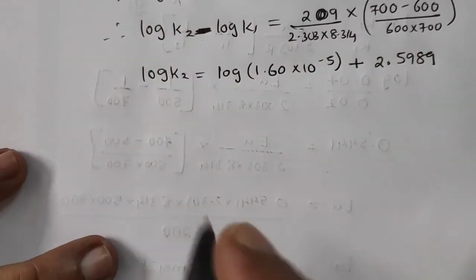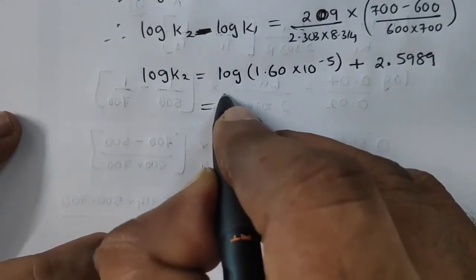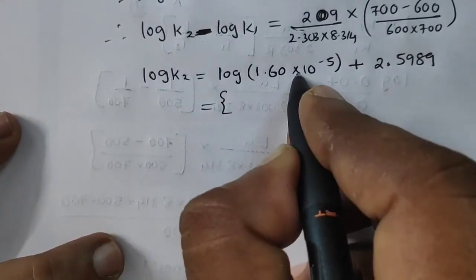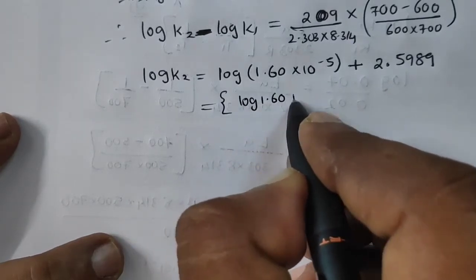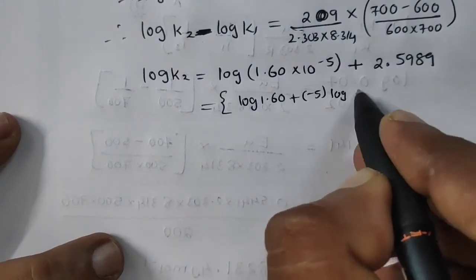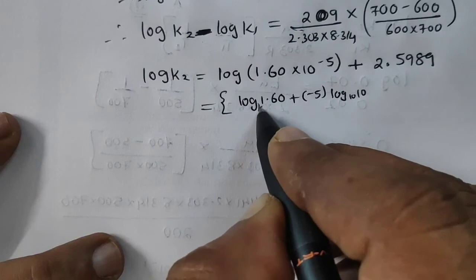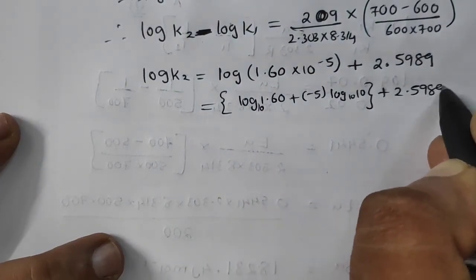Now I will find out the log of this. How to find this? There is one simple technique: multiplication becomes addition. So log 1.60 plus minus 5 log 10 to the base 10, plus 2.5989.